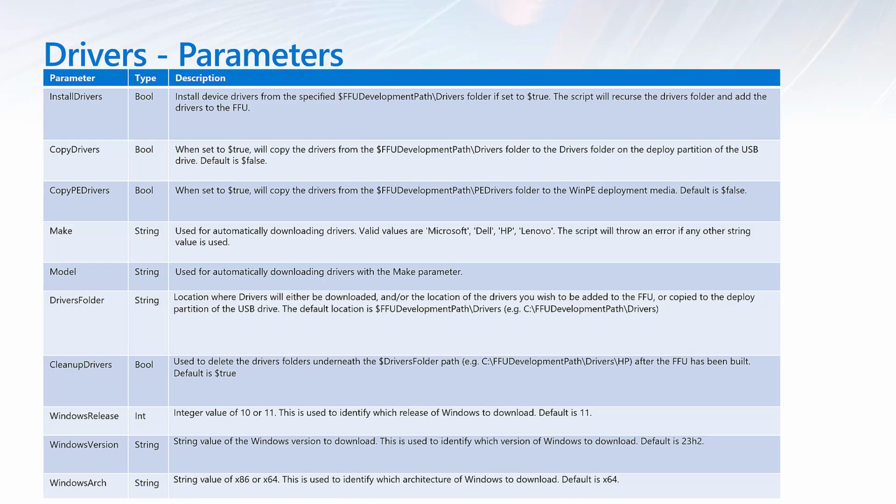And we have InstallDrivers. The two parameters to understand and how they work are InstallDrivers and CopyDrivers. InstallDrivers installs the drivers to the FFU. CopyDrivers will copy the drivers to the USB drive.